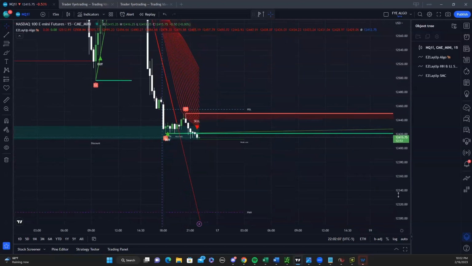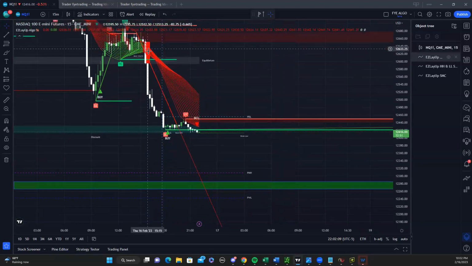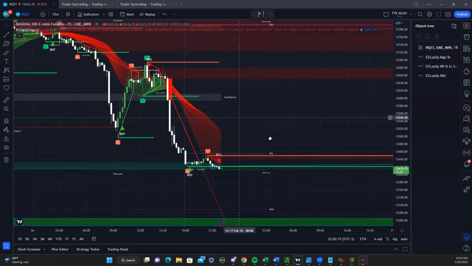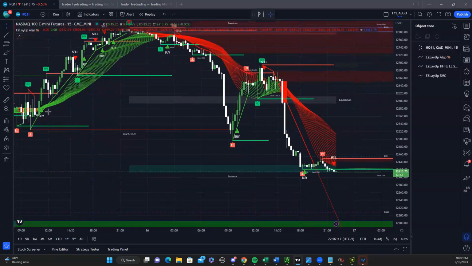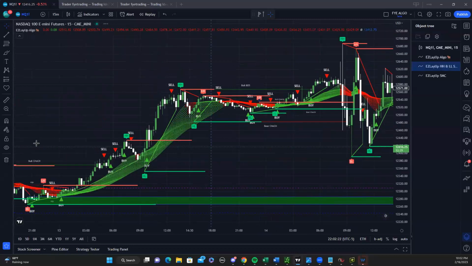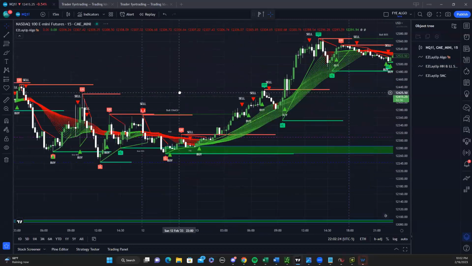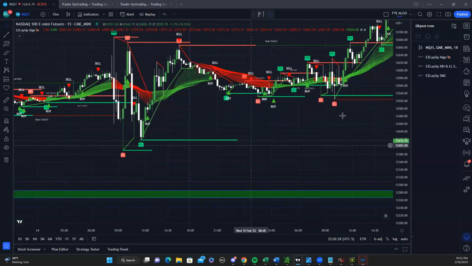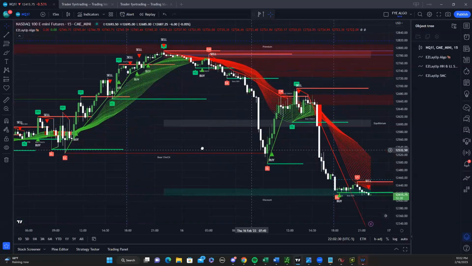Let me check. Yeah, okay. See here on the 15, we see this fair value gap. It's labeled right there. And if it's red, that's a bearish fair value gap. And over here, you might see in the past, see if I can find a bullish one. I don't see one, but either way, it'll label itself green if it is bullish.